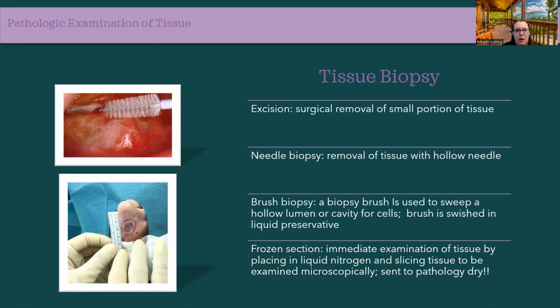So these types of biopsies, tissue biopsies, are super important because if you mishandle any of these, it could honestly delay not just the treatment, but it could impact the patient in a way that could lead to death because you could delay their course of treatment.